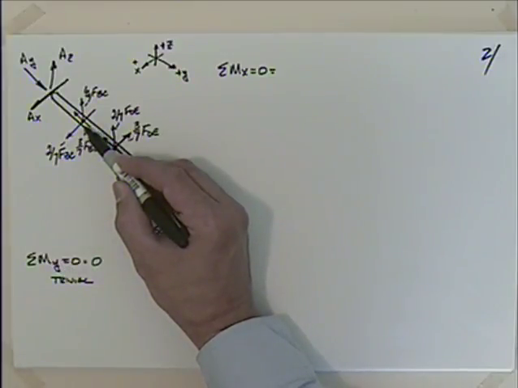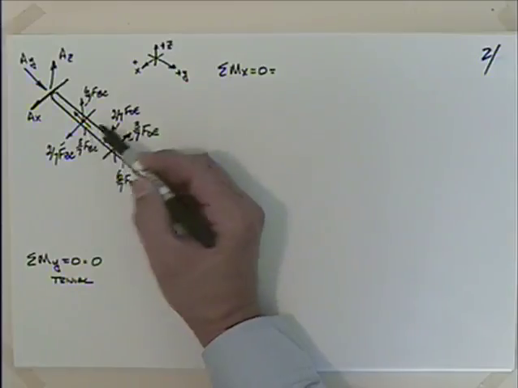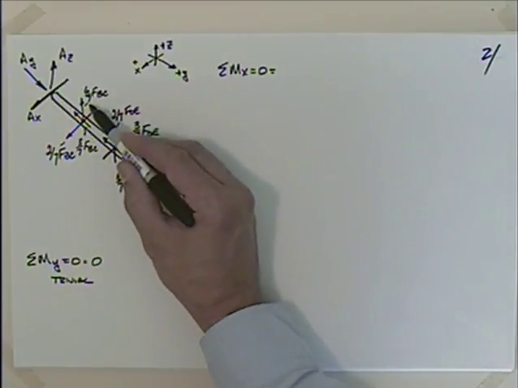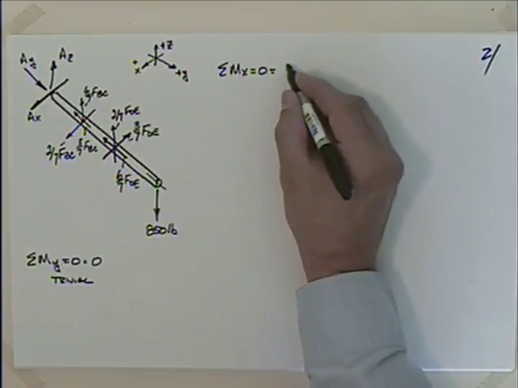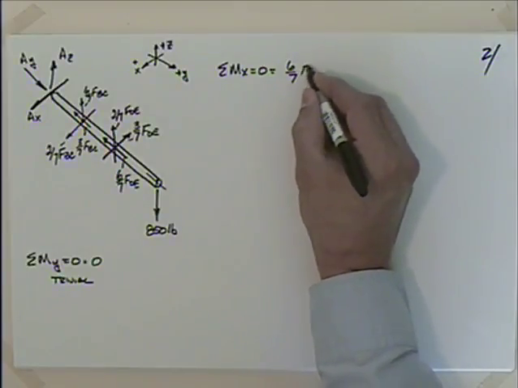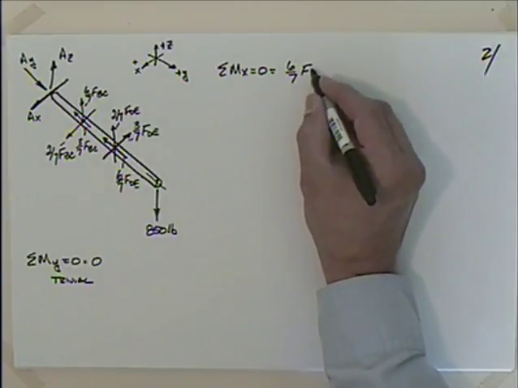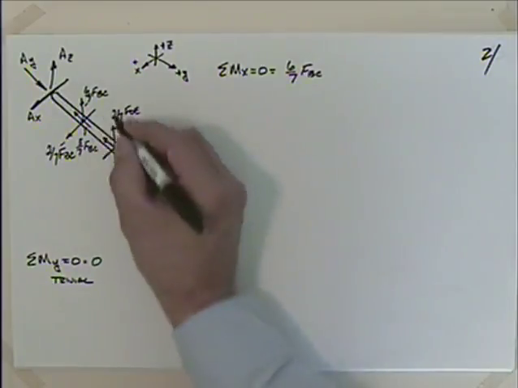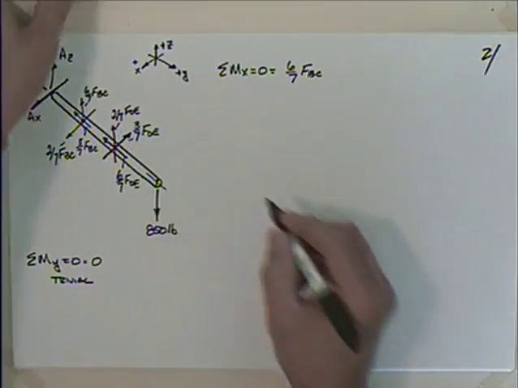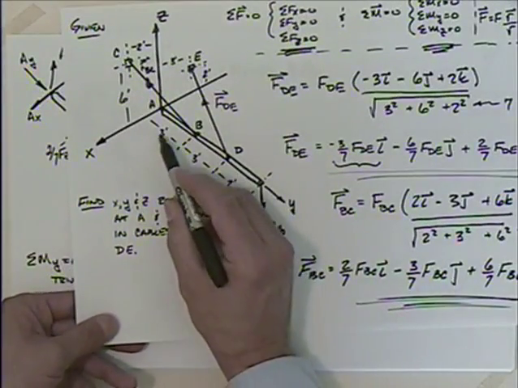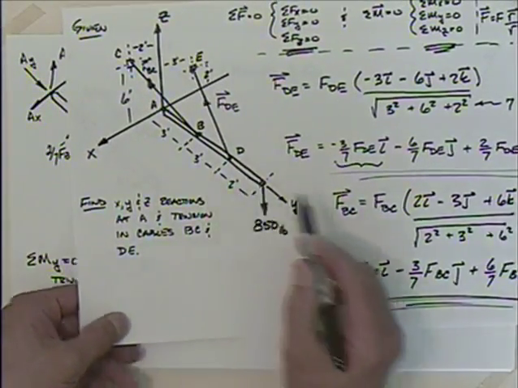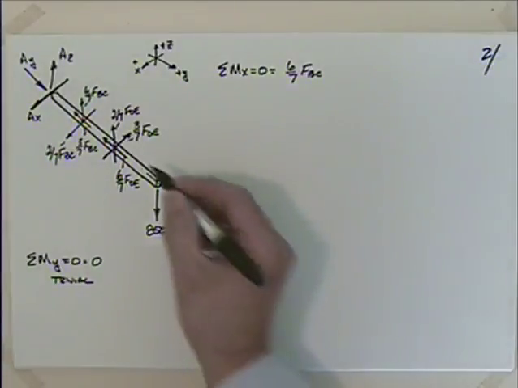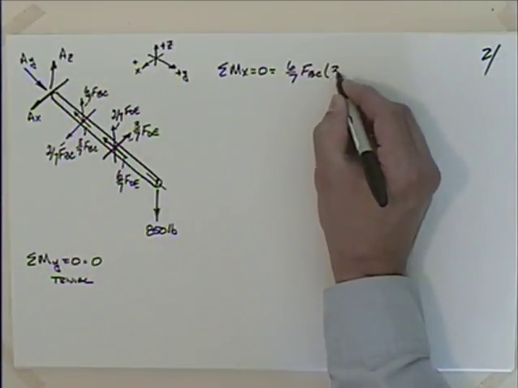So really all I'm going to have is this one here, 6/7 FBC, times what distance does that act through? That acts through this distance here. I didn't put the distances on here, but we had 3, 3, and 2. So that acts through a distance of 3.